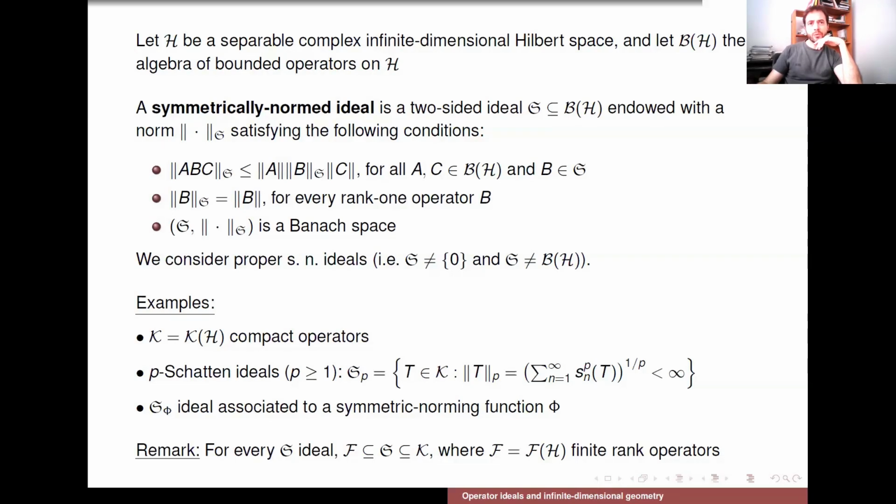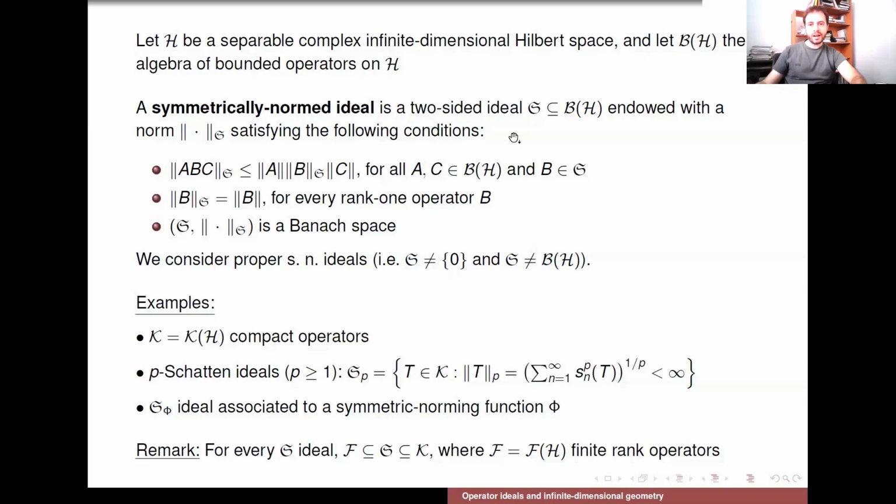But now we will stick to a smaller class of operator ideals because we will need a norm to construct some Banach manifolds. So the class of operator ideals that we will deal with in this lecture will be the symmetrically normed operator ideals.